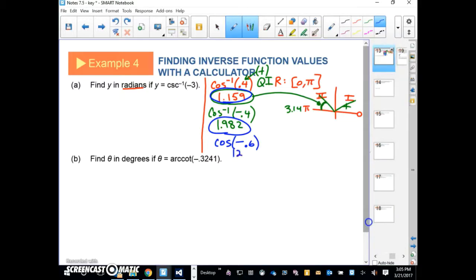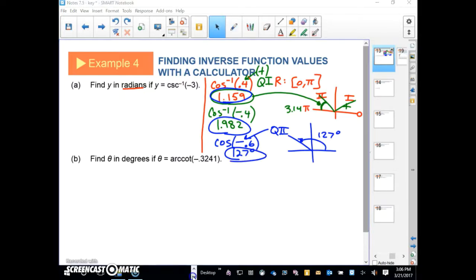Let's just call that 127 degrees. And that puts us into the second quadrant. That's where we need it. Of course that's in the second quadrant. We knew that was going to be in the second quadrant when that number was negative. So there still is this concept of what and where. But now, let's look at the original problem.